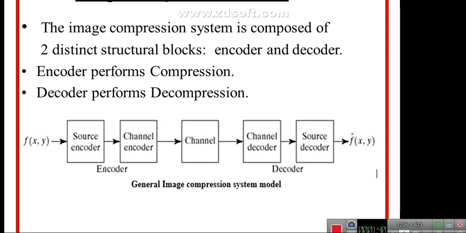On the receiver side, the decoder has a channel decoder and a source decoder, performing the same process in reverse. So f cap of x comma y is the decoded image, which is equal to the original image f of x comma y.